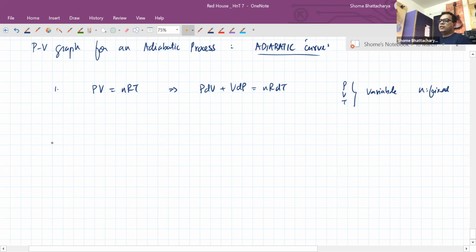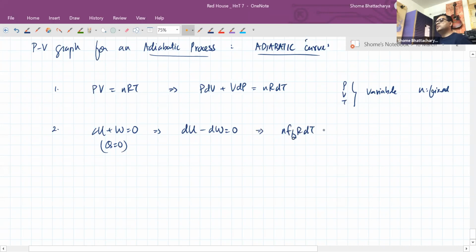Then you have your equation for the adiabatic process. Q is 0, so delta U plus W is 0. That can also be written in differential form as nF/2 RdT plus PdV is 0.